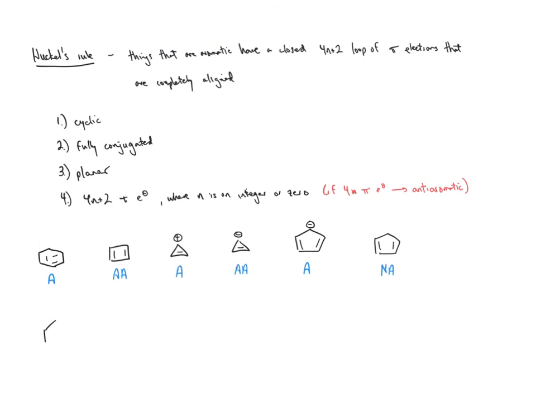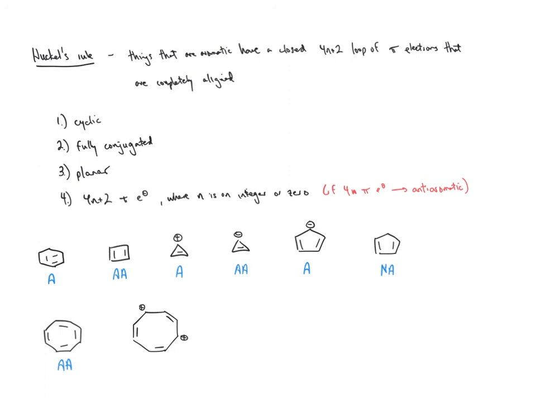We already said before that the cyclooctatetraene molecule is anti-aromatic. That's because it has 8 pi electrons, which is 4n. Let's take a look at some other types of cyclooctatetraene systems. If we have this system here, this dication has 4n plus 2 pi electrons. It has 6 electrons total.